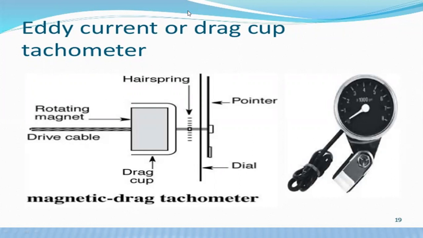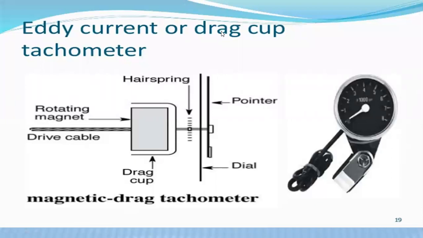The pointer is connected through that hairspring, so the pointer shows how much speed the shaft is rotating at. The rotating shaft speed is automatically calculated by the pointer on that device.